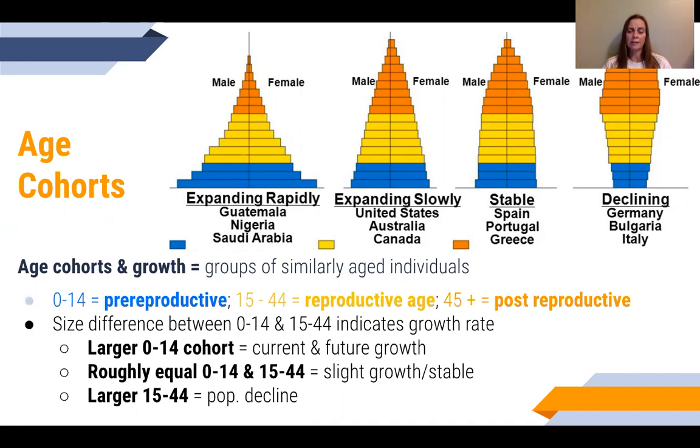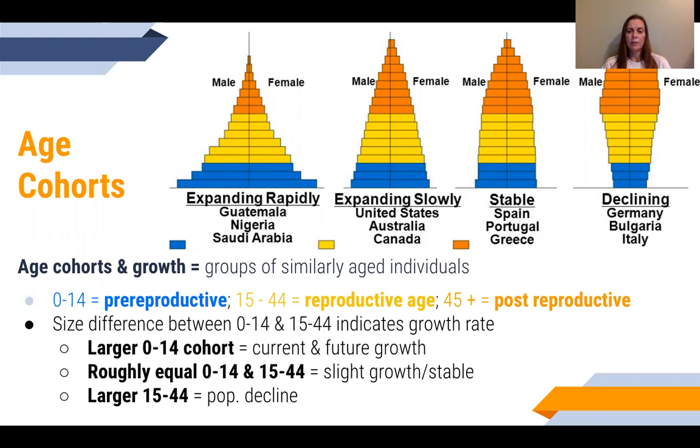And while I recognize that here in the United States, we don't generally think of a 15-year-old as being of reproductive age, it certainly is the case in other parts of the world. And from a purely biological standpoint, that is a reproductive age. And then, of course, 45 and over, we consider to be the post-reproductive age cohort.